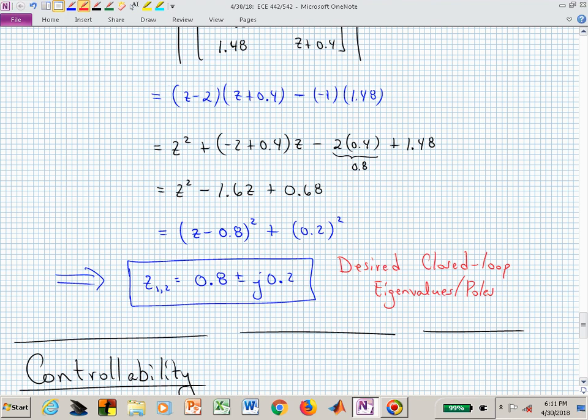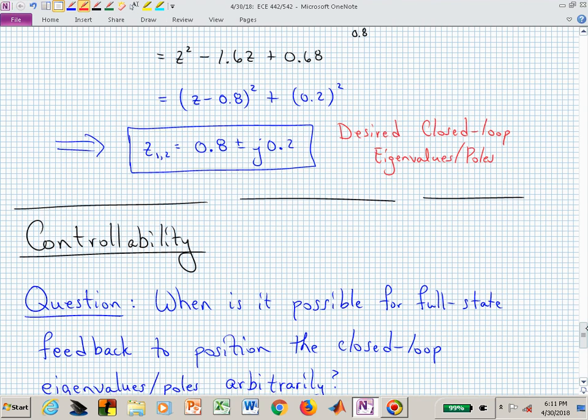Controllability of our system allows us to use K, full state feedback, to adjust the behavior of capital phi sub C arbitrarily. We can locate the eigenvalues of that phi sub C matrix arbitrarily if our system is controllable. And now we want to talk about what it means for a system to be controllable, or controllability.